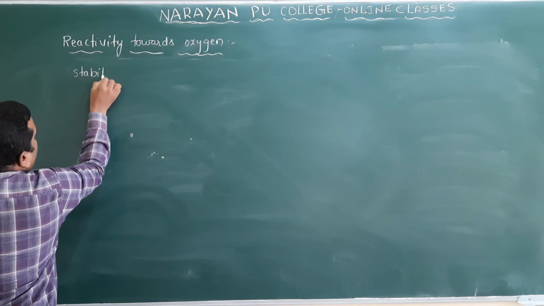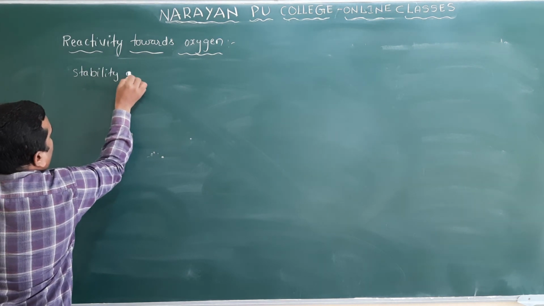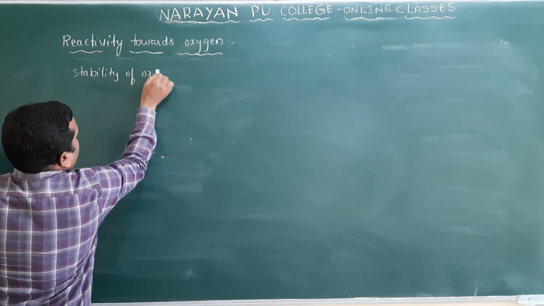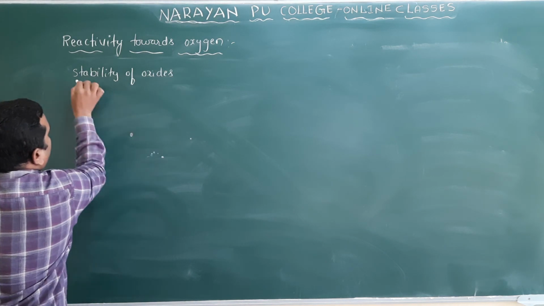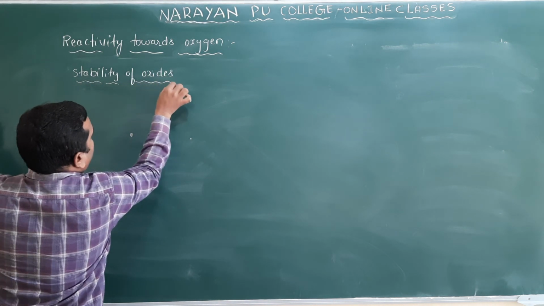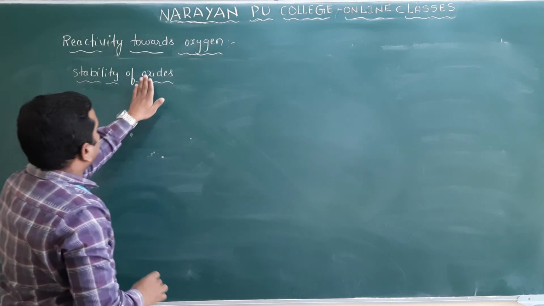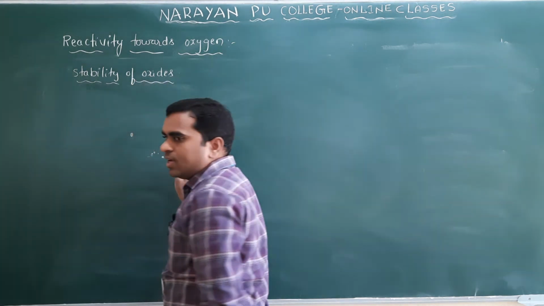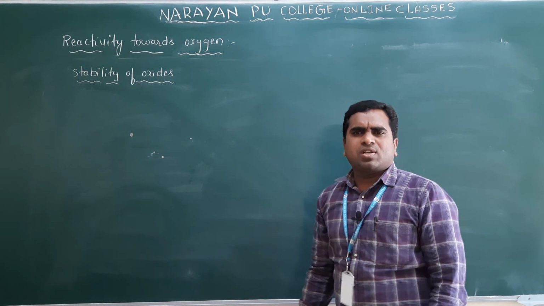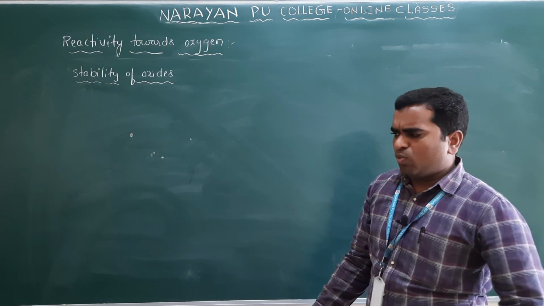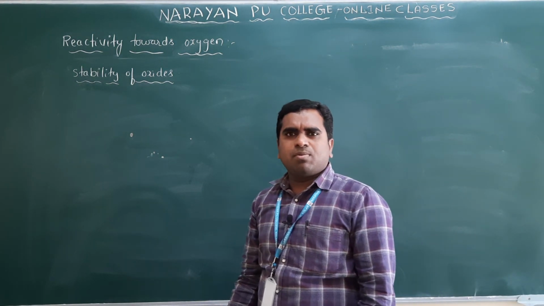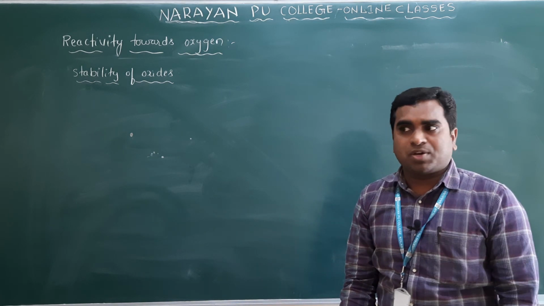Stability of oxides. I will mainly discuss chlorine, bromine and iodine, because you already know fluorine oxides are very unstable. O2F2 is highly unstable and OF2 is stable at room temperature.